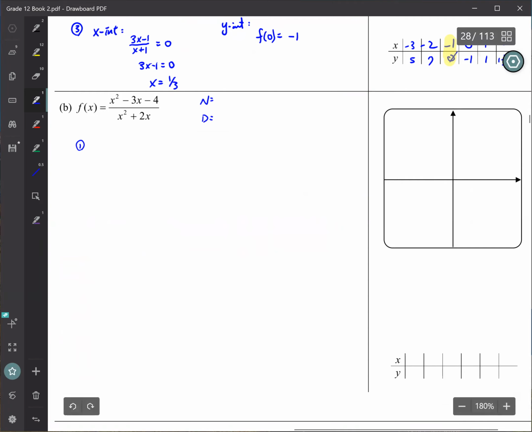2 and 2. Yep. So this time they are different, higher, but still they are the same. So it belongs to type 2. So VA and HA, and then domain and range.